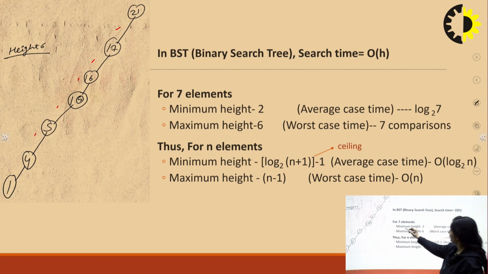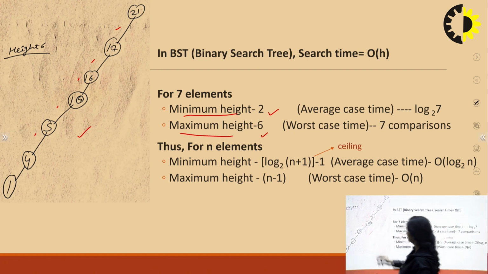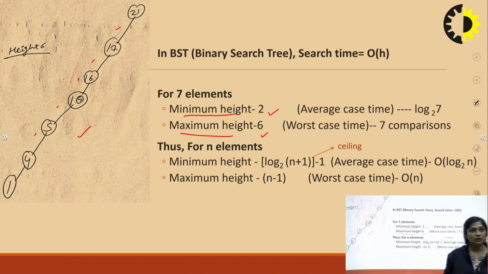See here, the minimum height is 2 as you saw in the first tree, and the maximum height is 6 like this. Now if we find the time complexity for best case and worst case, how will we find it for minimum height? When the minimum height is 2, then the time complexity is log n. How is it log n?